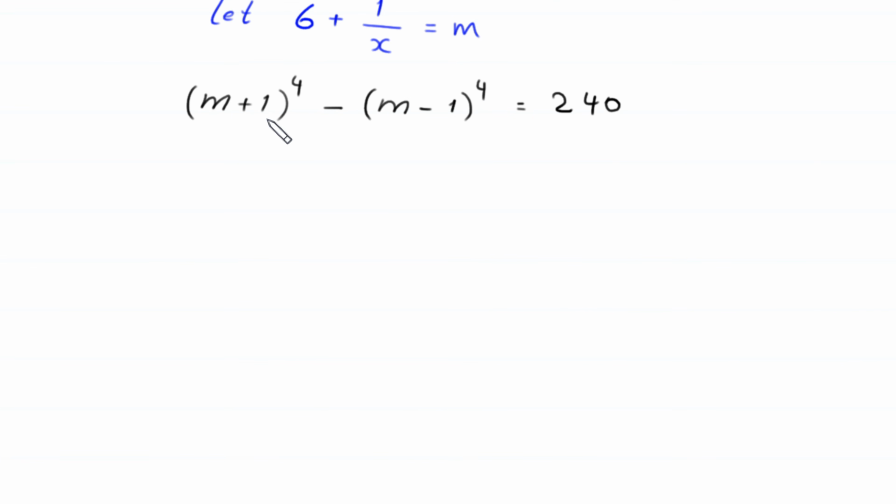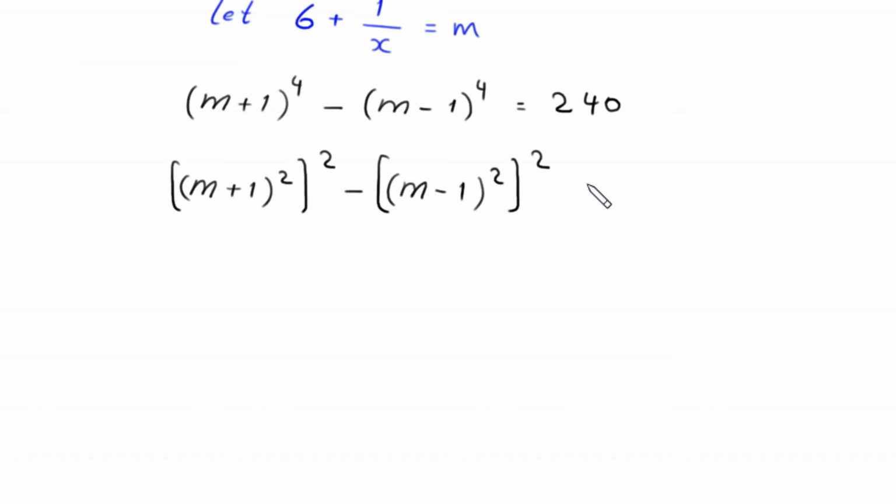Now this (m + 1)^4 can be written as ((m + 1)^2)^2, and this (m - 1)^4 can be written as ((m - 1)^2)^2 is equal to 240.